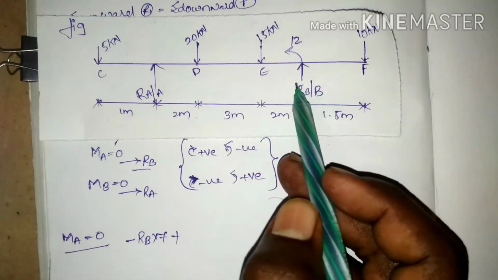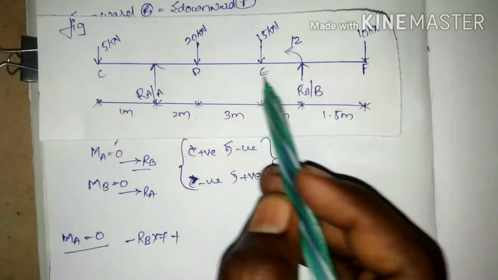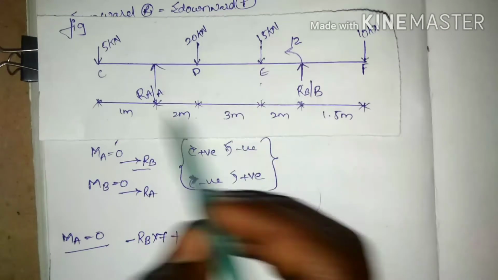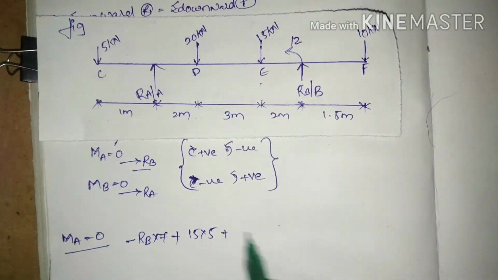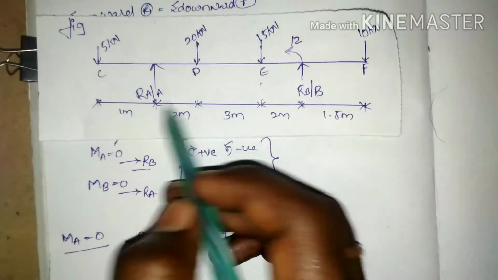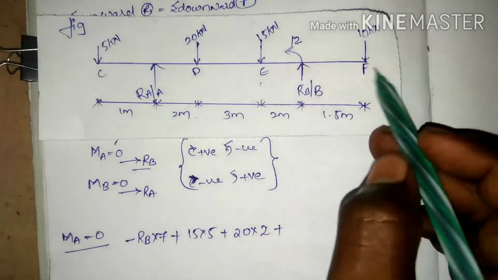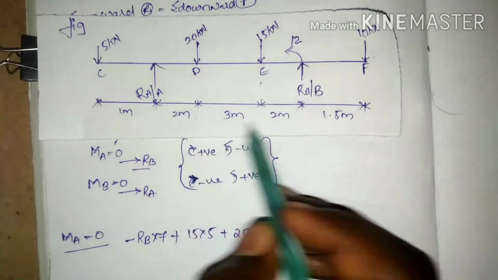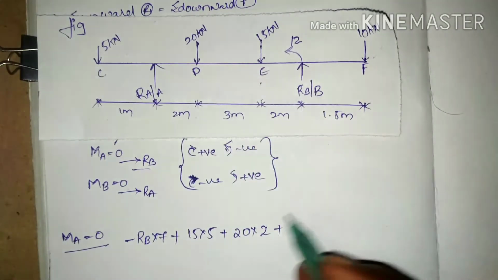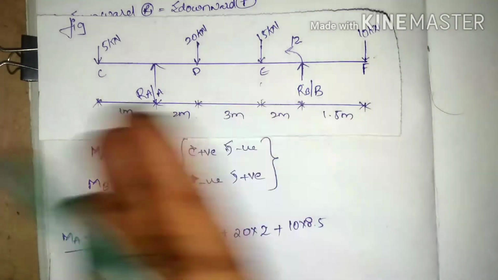After this RB, we have the 15 kilonewton load acting at 5 meters from A, that is 15 into 5, and next we have a point load of 20, acting at a distance of 2 meters from RA, 20 into 2, and plus this point load acting at a distance of 8.5, that is 10 into 8.5.